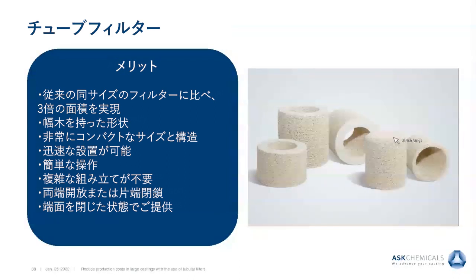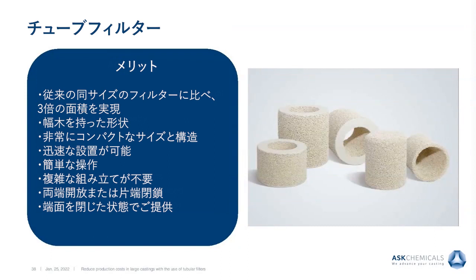In addition, the tubular filter's length and or diameter can be varied based on the need of the application. Of course, they can be produced in the usual porosities and materials that reticulated foam filters are normally supplied in.